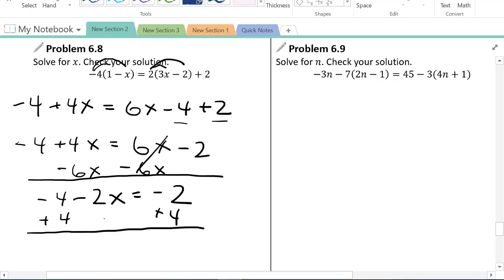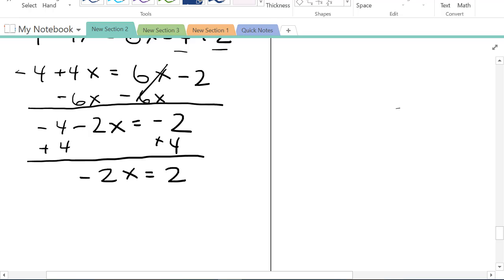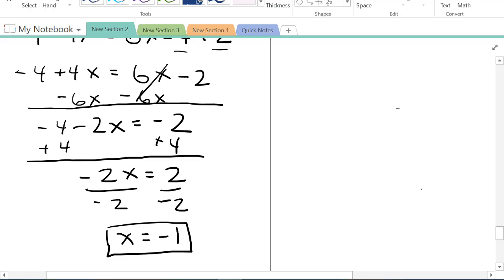And then we're going to get a negative 2x equals negative 2 plus 4, which is a positive 2. And then we divide both sides by negative 2. So we get x is equal to negative 1. Right? Put that in the box.